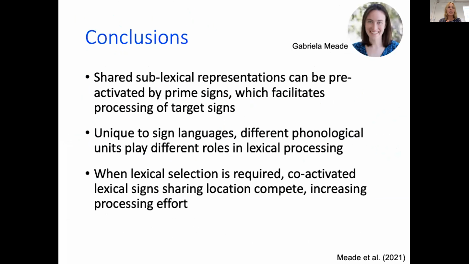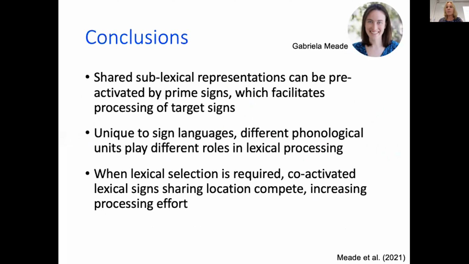So from this work, we can conclude that shared sublexical representations can be pre-activated by prime signs that facilitates the processing of targets. And unique to sign languages, we see this difference in the phonological units, the roles that they play in lexical processing. So when lexical selection is required, co-activated lexical signs that share location compete, increasing processing effort.